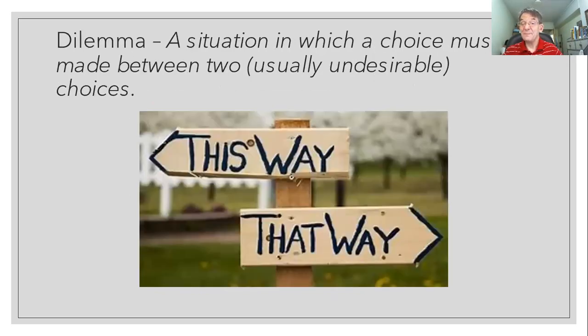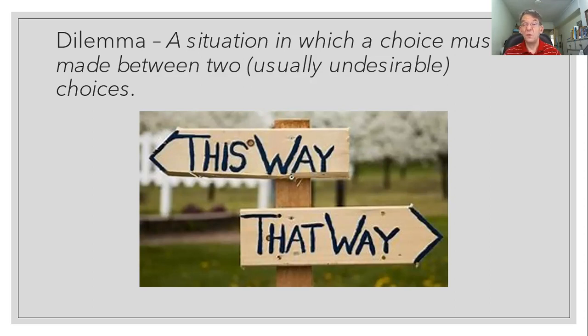The next vocabulary word is dilemma. And a dilemma is a situation in which a choice must be made between two usually undesirable choices. Okay, so one choice leads in this direction, the other choice leads in that direction. And if they're both really bad, then you say, oh, I have a dilemma on my hands.